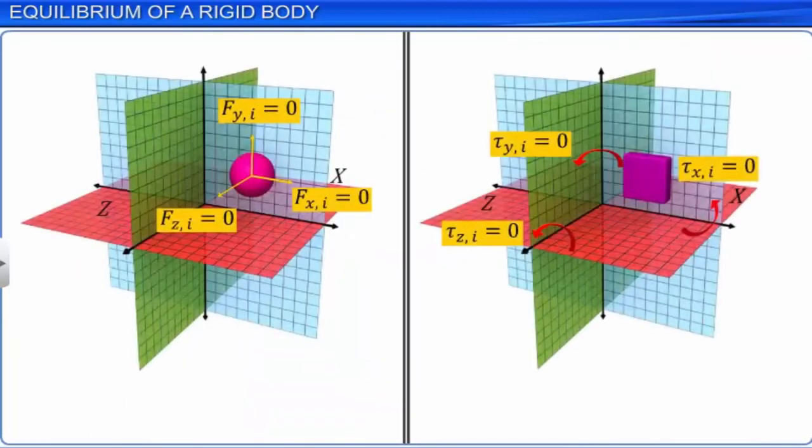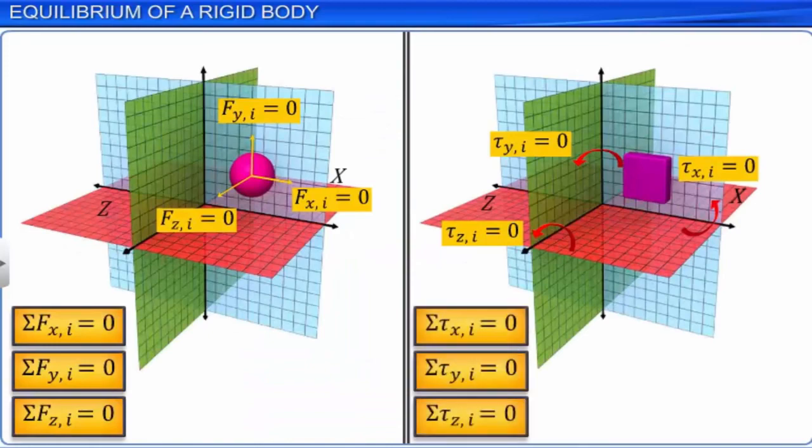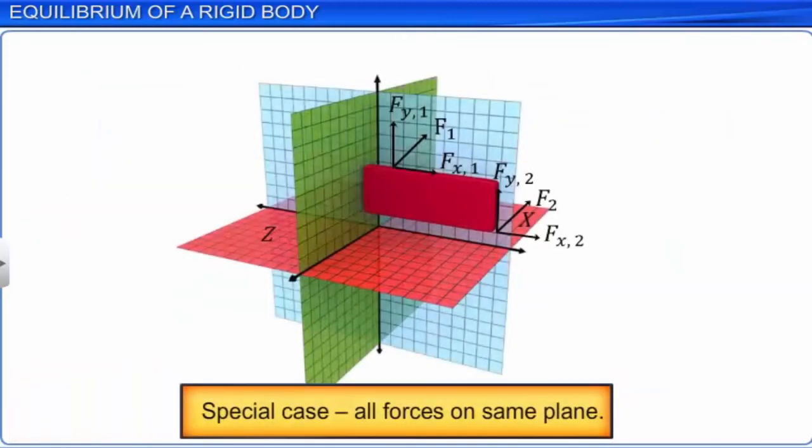Now let us consider a special case where all the forces acting on a rigid body are in the same plane as the xy plane. Since all the forces are in the xy plane, the component of force along the z-axis, Fz, is 0.